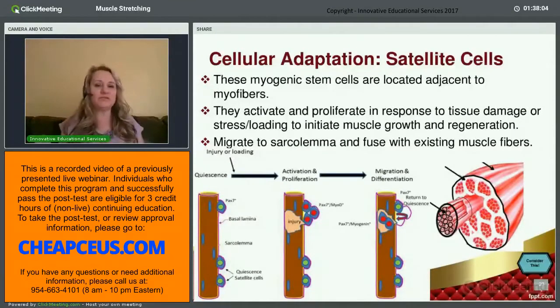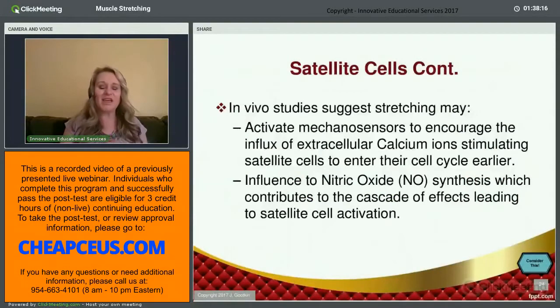And that's why it may not be effective. This is where understanding the physiology is so important, because that's what's really making the difference. It's not just the stretch, it's that the stress triggers all of these physiological responses.